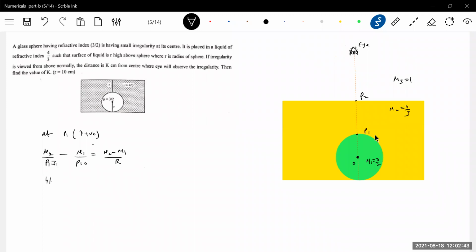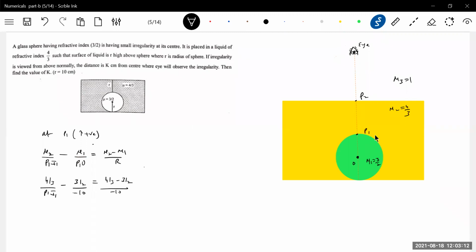Mu2 is 4 by 3. Mu1 will be 3 by 2. Everything in terms of R. R is 10 centimeter. Minus 10. Mu2 4 by 3 minus 3 by 2 over the radius of curvature, this is also minus 10.